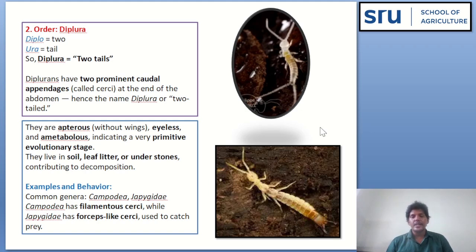They are apterous, that is wingless, eyeless, ametabolous insects, indicating they are also primitive in their origin. They live in soil, leaf litter, or under stone, contributing to decomposition. Examples for this order are Campodea and Japyx.